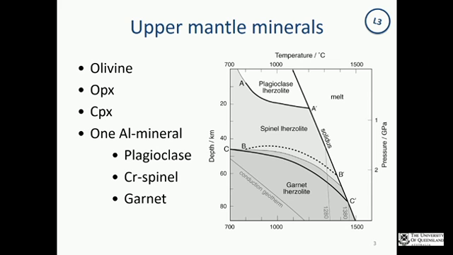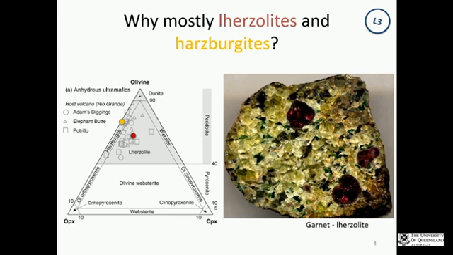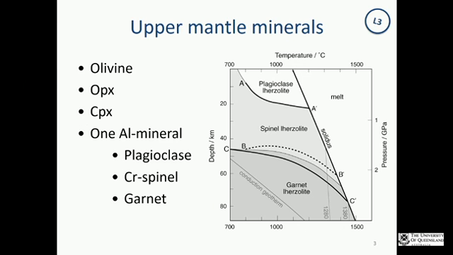If you have garnet, it means you are at a depth of about 60 kilometers or more. If you have chromium spinel, you're at lower pressure in the mantle, and if you have plagioclase, you are even lower pressure, below 20 kilometers depth. So it's quite interesting to recognize which aluminium phase we have in a mantle rock, because we know where the mantle rock comes from.